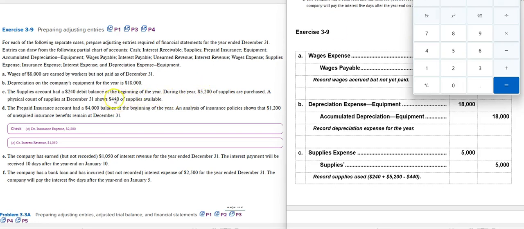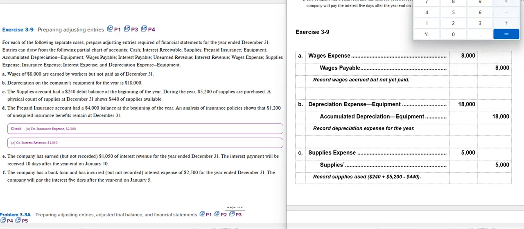But when we counted our supplies, we discovered we only have $440 on hand and available. The asset is reporting $5,440, only $440 are available. The difference of $5,000 is the amount of supplies that were used during the year. And as we use up those supplies, our asset needs to be decreased.